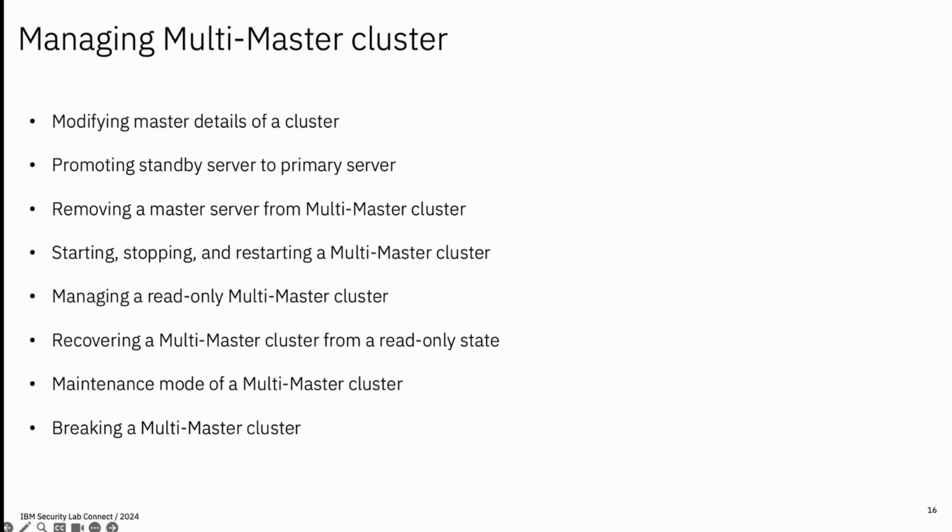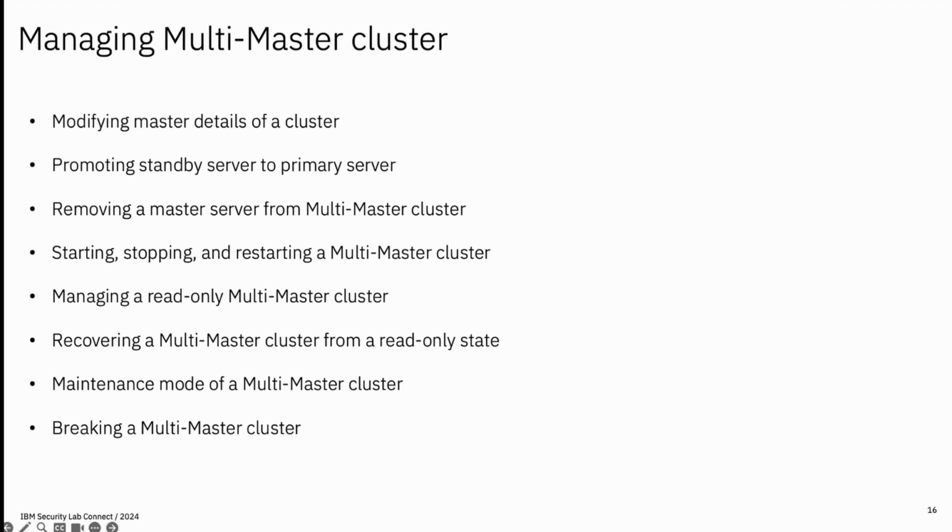Maintenance mode of a multi-master cluster. In maintenance mode, a multi-master cluster operates with restricted functionality. A cluster can get into maintenance mode during operations like DB2 password change and cluster restart. Then we have breaking a multi-master cluster.